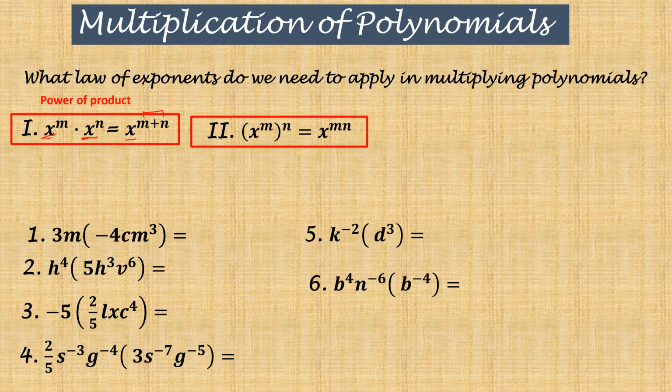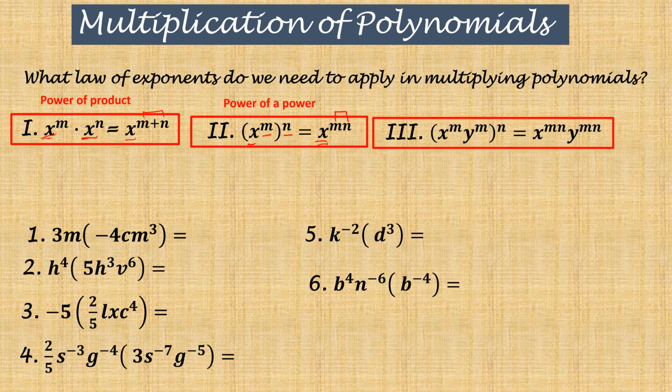Then the other law of exponents which is needed in finding the product is the power of a power. As you have seen, if a power is raised to another power, we just simply copy the base and we multiply the exponents.